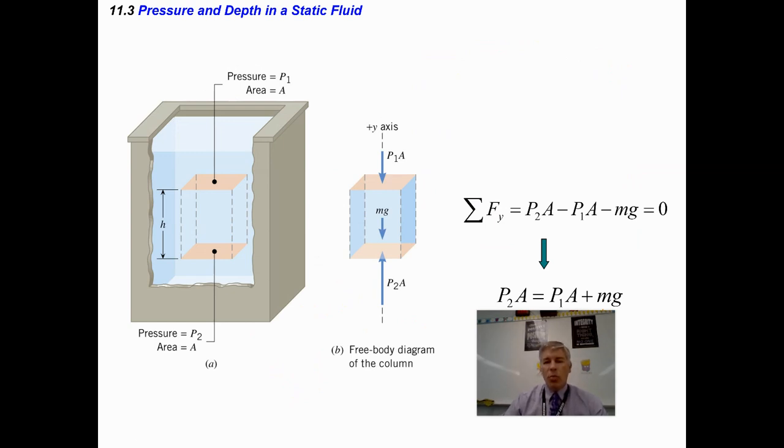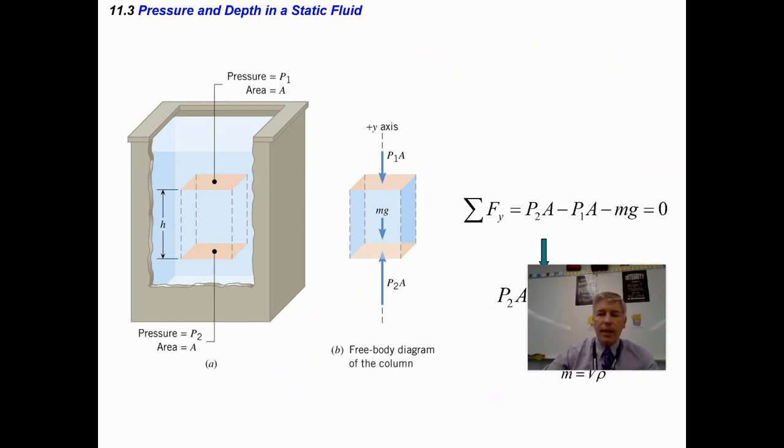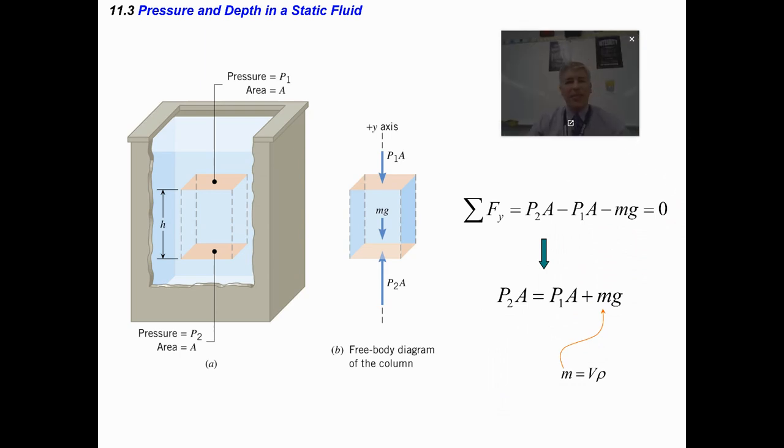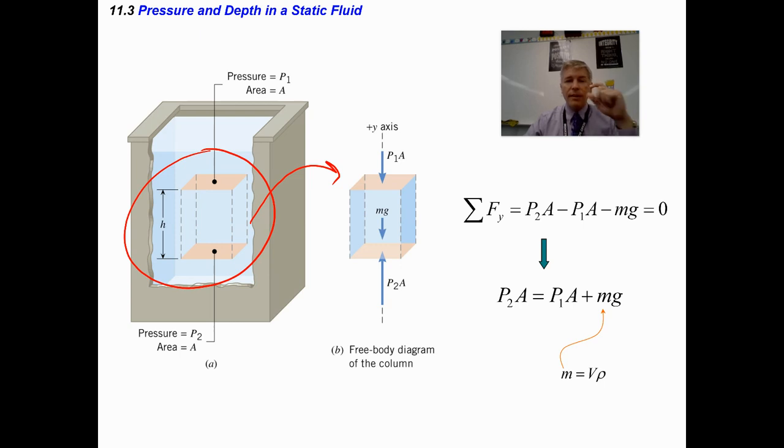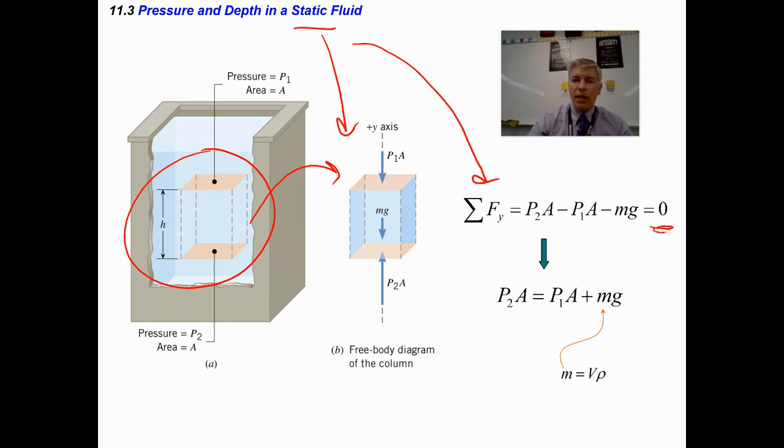This one's also a good one to get at the idea of what we have going on. If I take a little section of some fluid here and snatch it, what I can look at is that if this object is static, meaning it's not moving, then all the forces acting on it should equal 0.